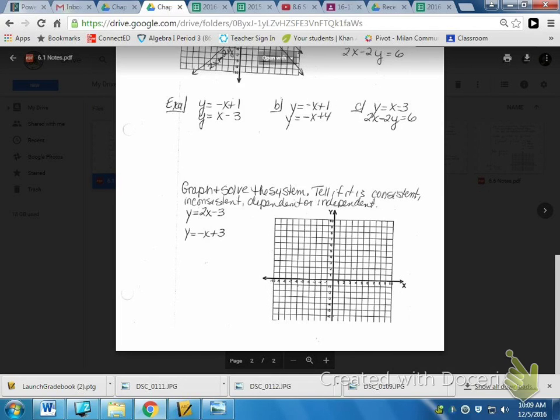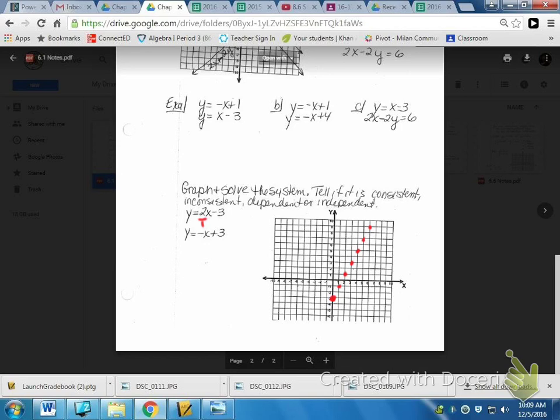So y equals 2x minus 3. So we'll go through the steps of graphing. You start out at the y-intercept, so that would be a point down here at -3. And the slope being 2, remember I put 2 over 1, so rise 2, run 1. Honestly, I would do as many of those as you can. Rise 2, run 1, rise 2, and just go fill out the whole graph if you can.